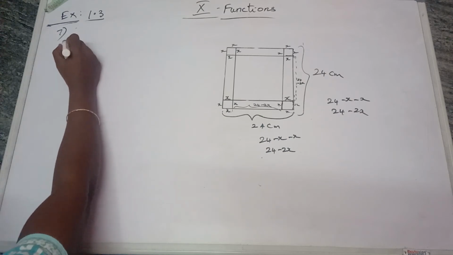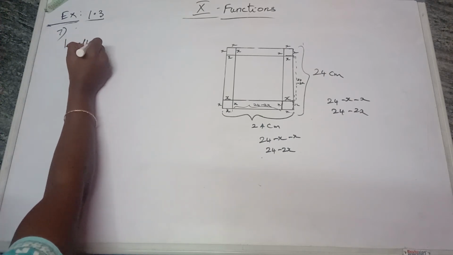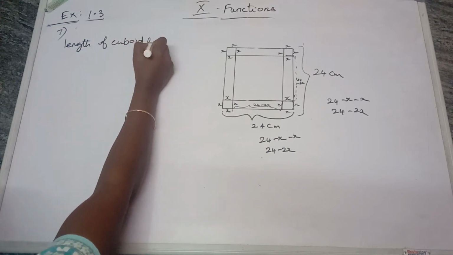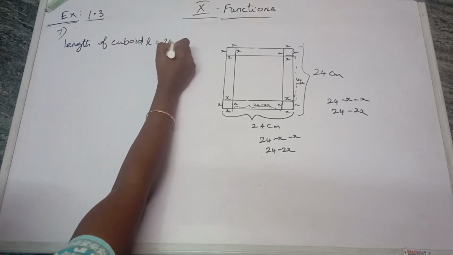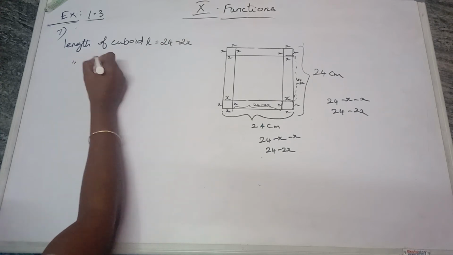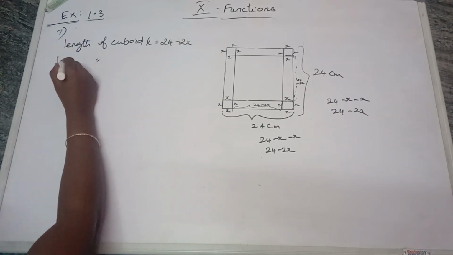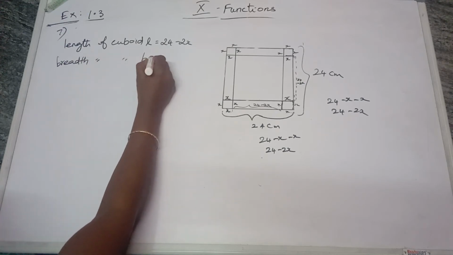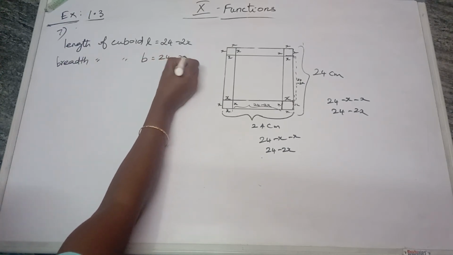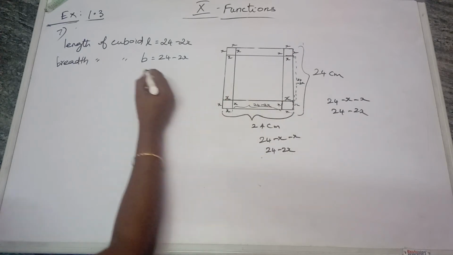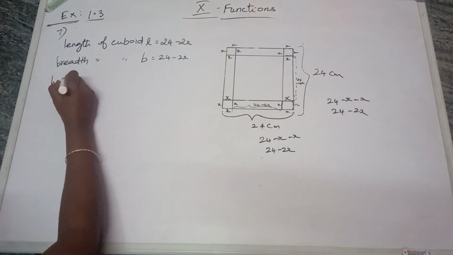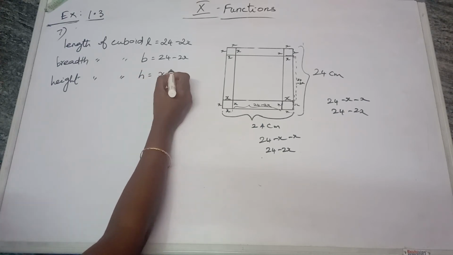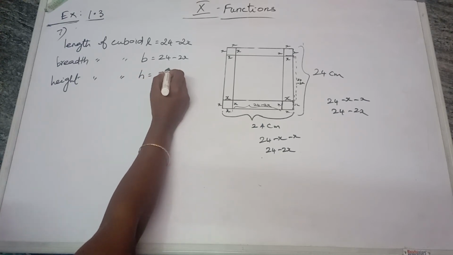So the length of the cuboid, L, is 24 minus 2x, and the breadth of the cuboid, B, is the same, 24 minus 2x, and the height of the cuboid equals x, the height of the open box.